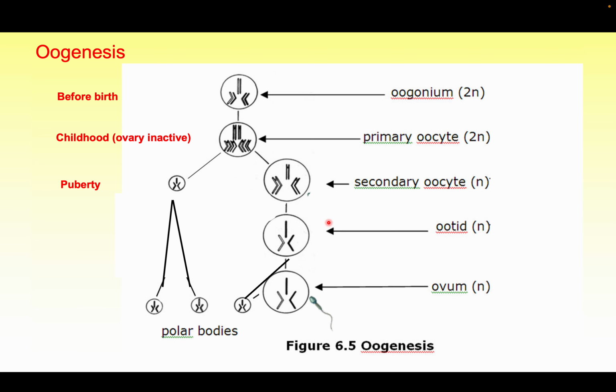If the secondary oocyte travels through the female reproductive tract and encounters a sperm, it will be fertilized. The chromosomal complement will be reconstituted to diploid, and that ovum, after meiotic cycle 2, will of course produce the other degenerate polar bodies and the second polar body.